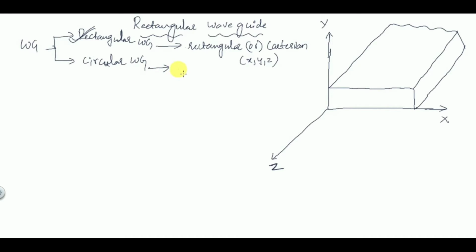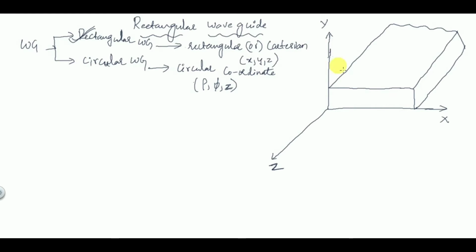Similarly, for circular waveguide we'll use the circular coordinate system or cylindrical coordinate system, with axes rho, phi and z.